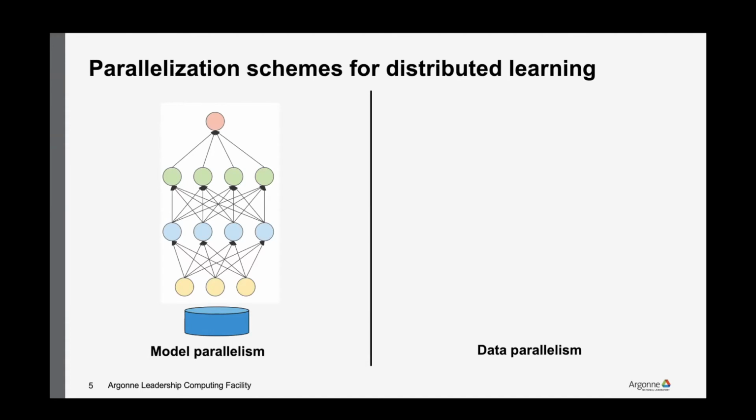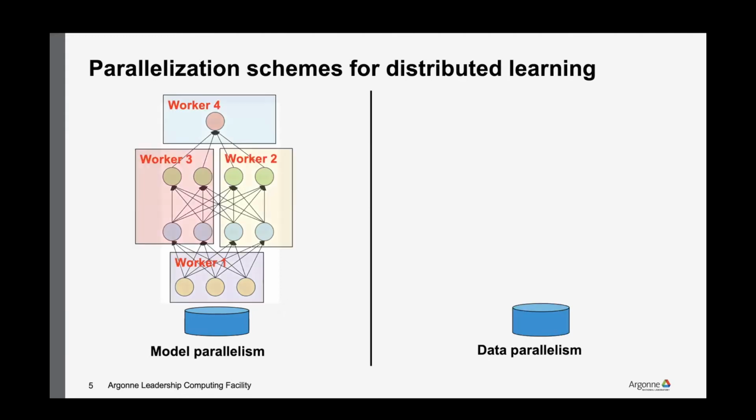The first one is model parallelization. Basically you have a big model composed of a lot of neurons, right? And then what we want to do is partition the model, so some part belongs to a worker, and you can think about the worker as a GPU.